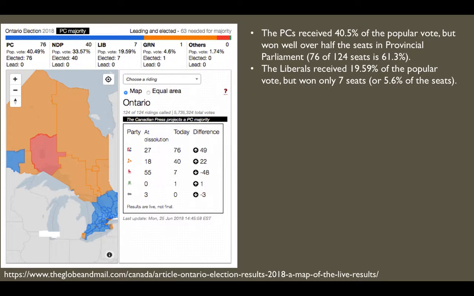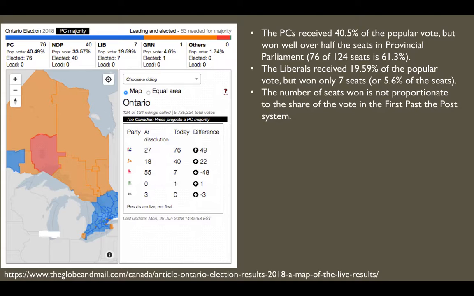Students often also see that if, in this case, the PCs are getting perhaps more than their fair share of seats, that somewhere somebody is getting less than their fair share of seats. So further investigation reveals that the Liberals won almost 20% of the votes, but look at how many seats they won, or the percentage of seats that they won. How is that fair is a question that the students would ask.